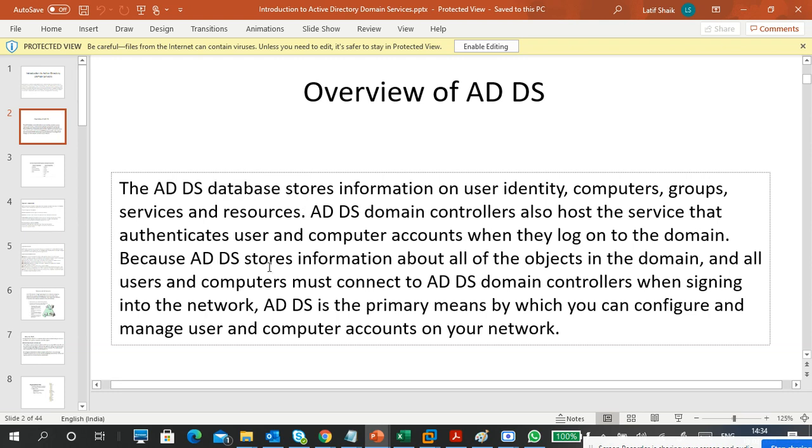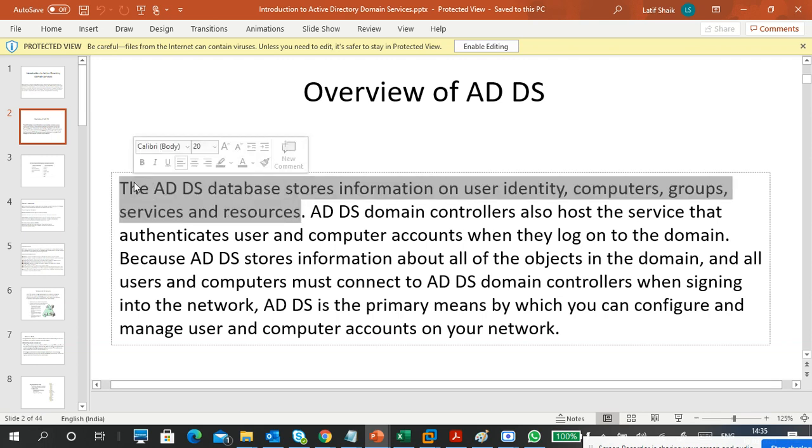Because ADDS stores information about all the objects in the domain, all the users and computers must connect to an ADDS domain controller when signing into the network. So it is a little bit tricky. ADDS is the primary means by which you can configure and manage network and computer accounts on your network. On your network means through your network. So we are controlling the client things.